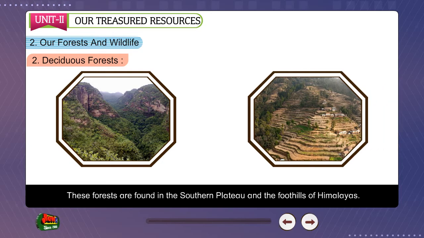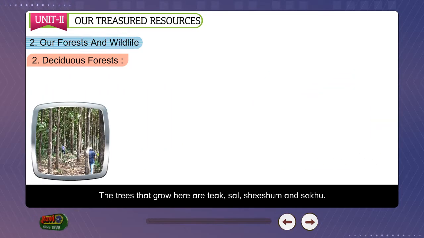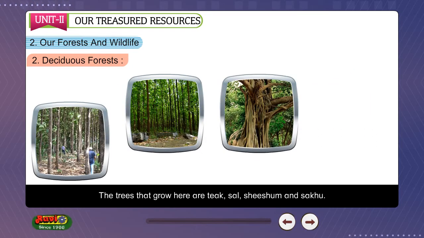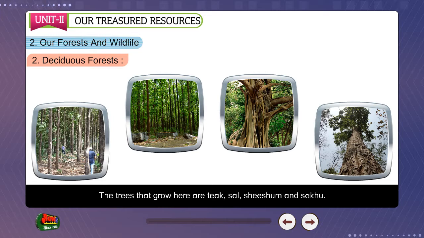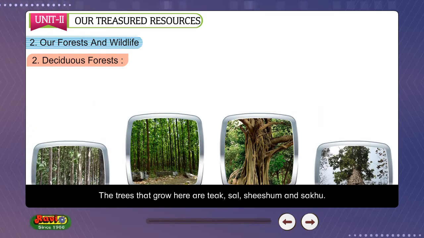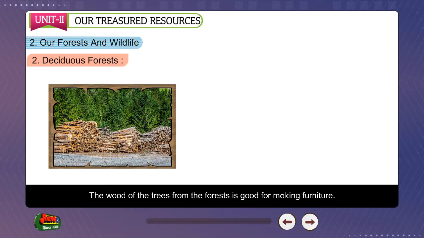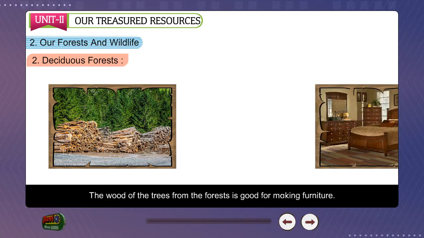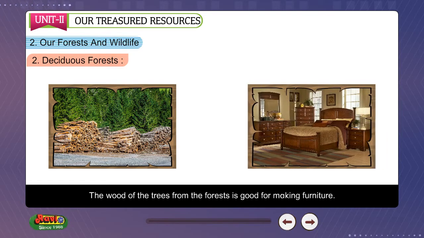These forests are found in the southern plateau and the foothills of the Himalayas. The trees that grow here are teak, sal, shisham, and sahu. The wood of the trees from these forests is good for making furniture.